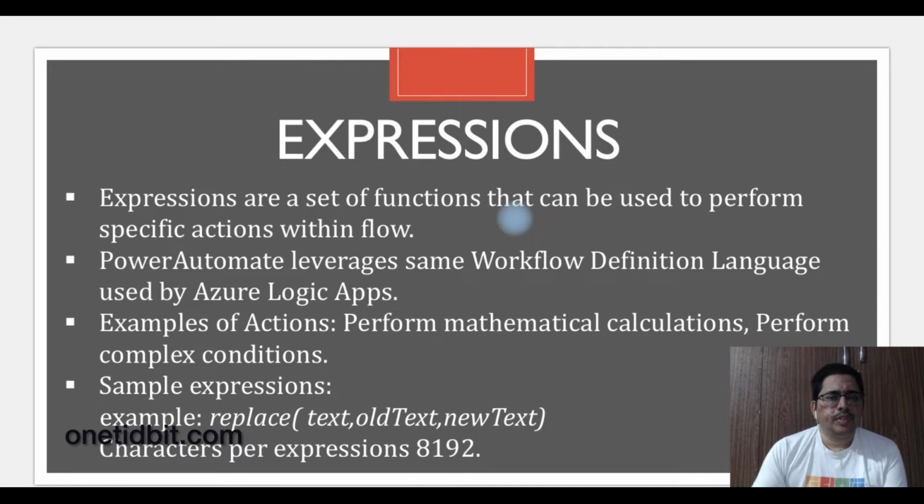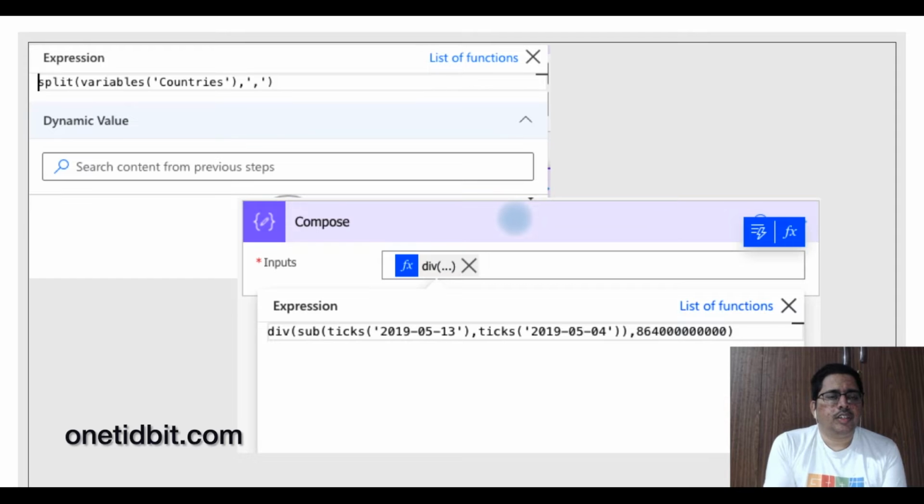Okay, so let's see. You are seeing here a function or expression. What it is doing is it has a variable named countries, and it is splitting the variable with one delimiter, comma.